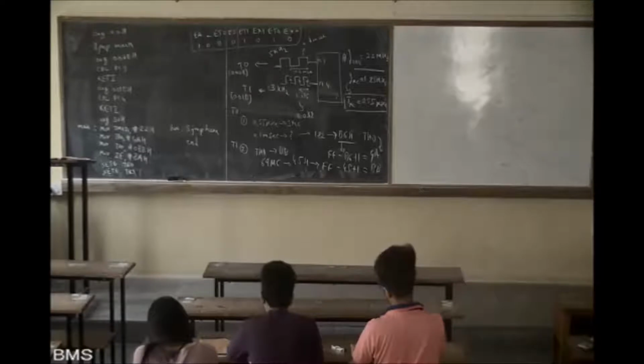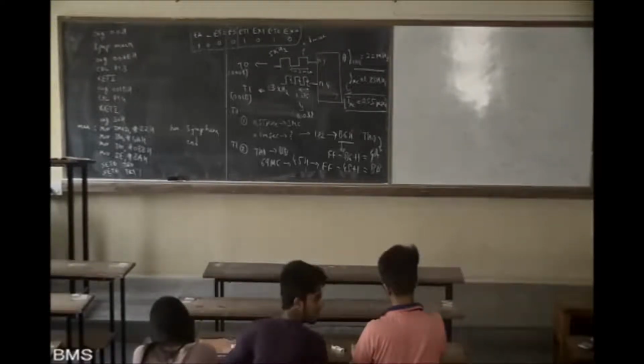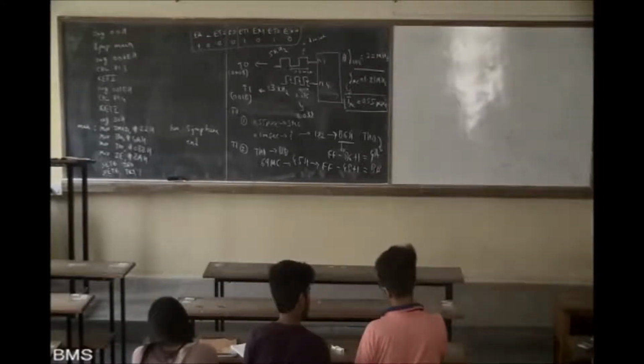Then we have to write one instruction: move TL0 equal to TH0. What exactly happens in that? You should include one instruction there, move TL0, and leave it. First time you should put it.